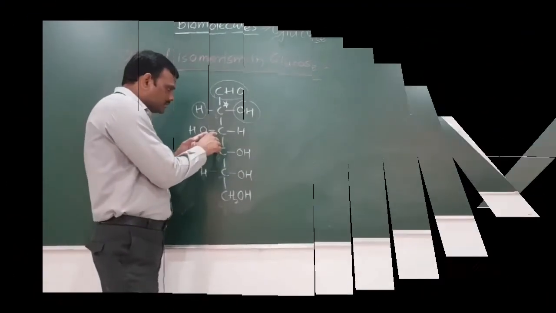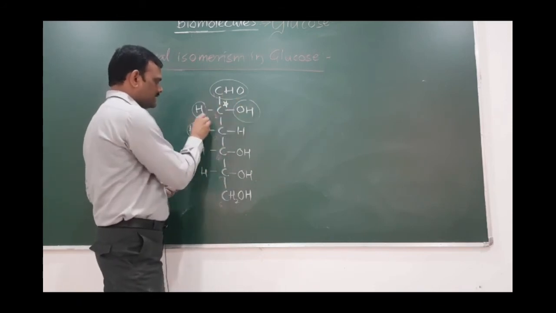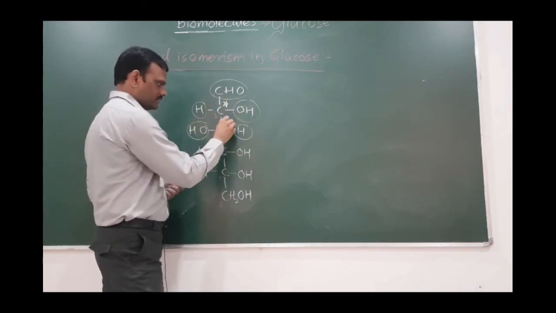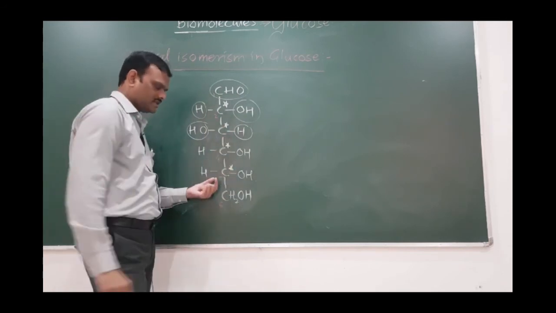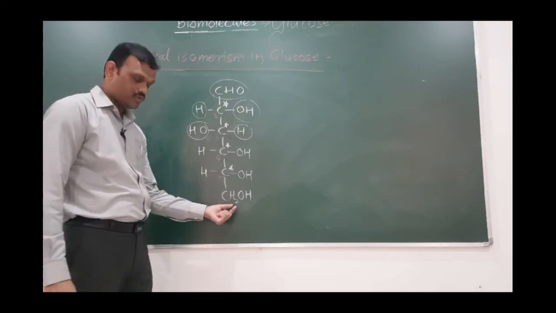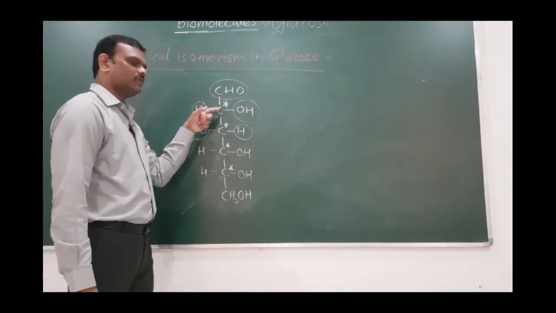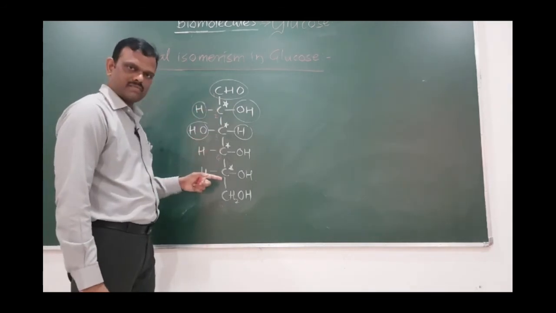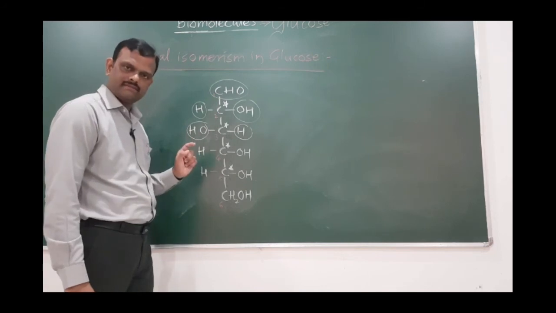The third carbon is also attached to this whole group, OH, H and this whole group, therefore it is also chiral. Similarly, the fourth and fifth carbon are also chiral carbons. This is attached to 2 hydrogens, therefore it is not a chiral carbon atom. That means there are only 4 chiral carbon atoms present in glucose, that are C2, C3, C4 and C5.